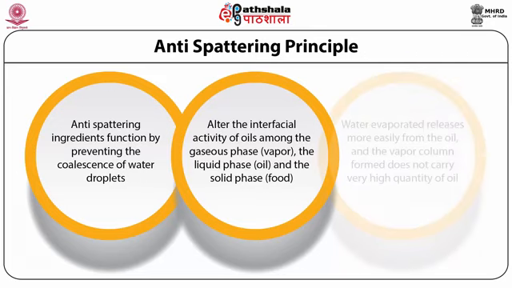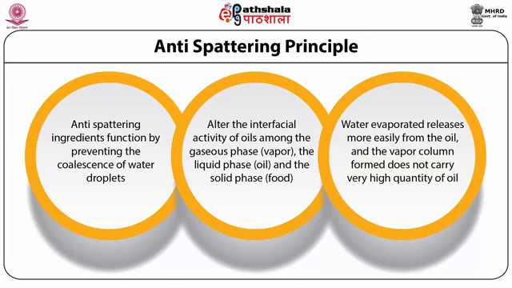One more effect could be that evaporated water releases more easily from the oil, and the vapor column formed does not carry a very high quantity of oil. So it removes only the water portion in the form of vapor and not the oil coming along with this vapor, which may cause injury as a result of spattering.